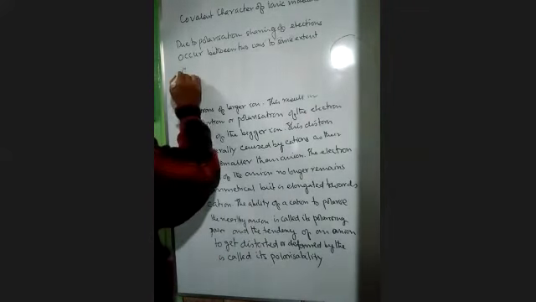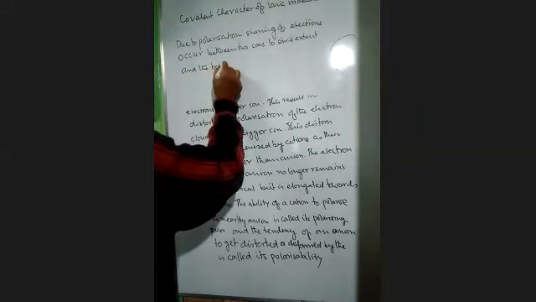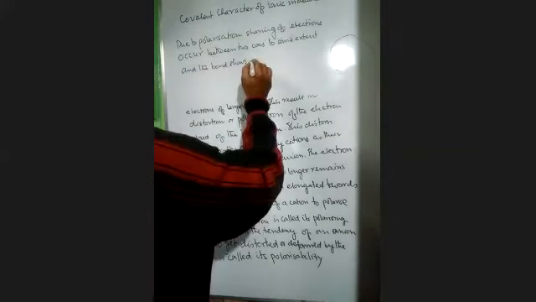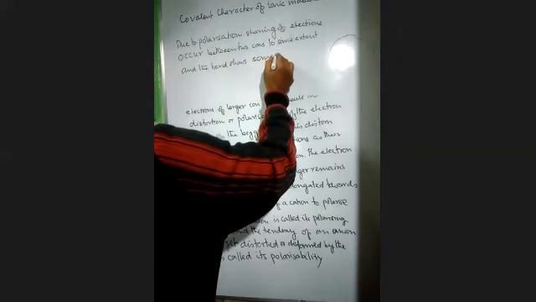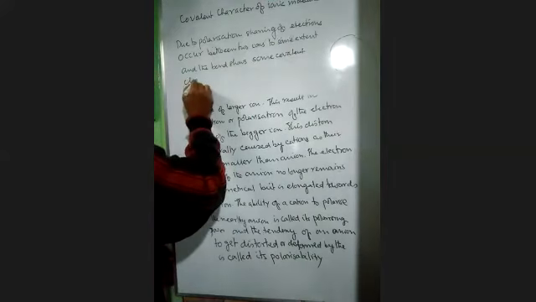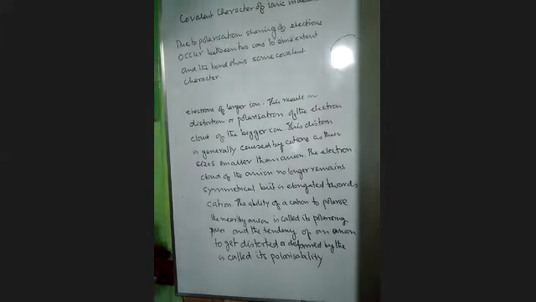I told you, the electron has already entered the empty shell. And the bond shows some covalent character. Okay, so this is called depolarization.